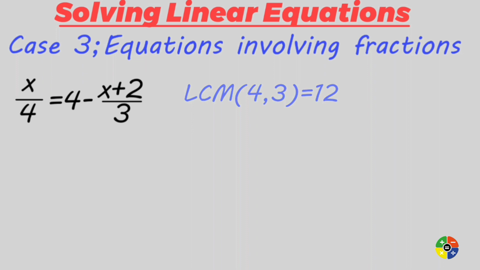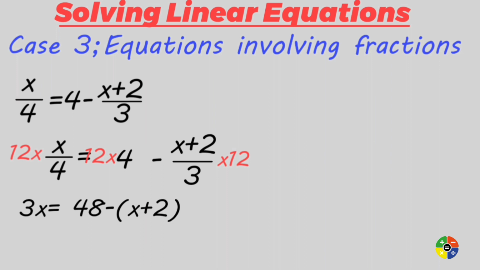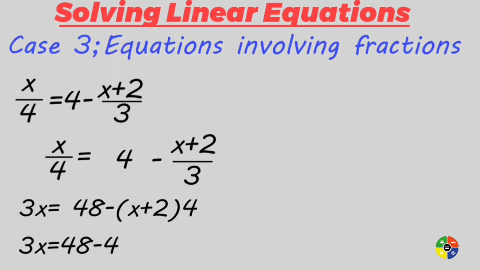Multiplying by 12, we get x divided by 4 times 12 is equal to 4 times 12 minus (x + 2) divided by 3 times 12. Simplifying, we arrive at 3x = 48 - (x + 2) all multiplied by 4. Multiplying out the brackets, we have 3x = 48 - 4x - 8.